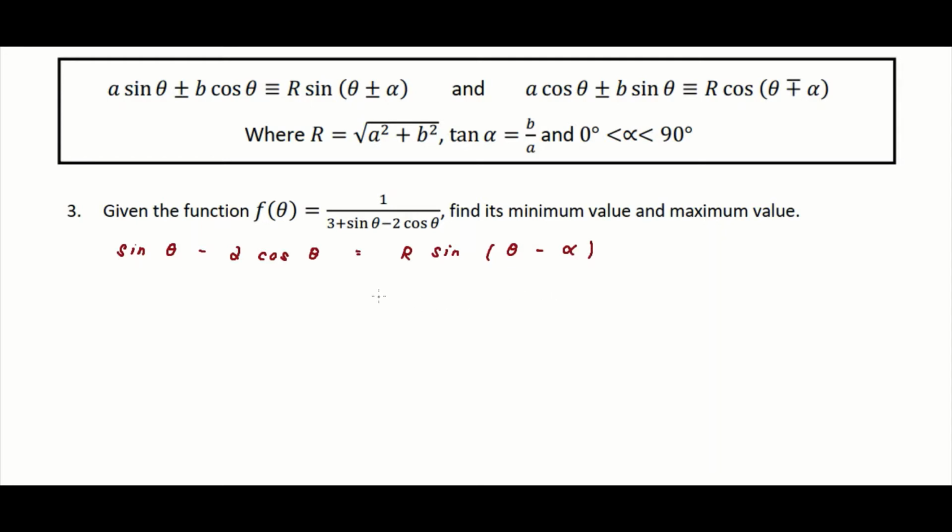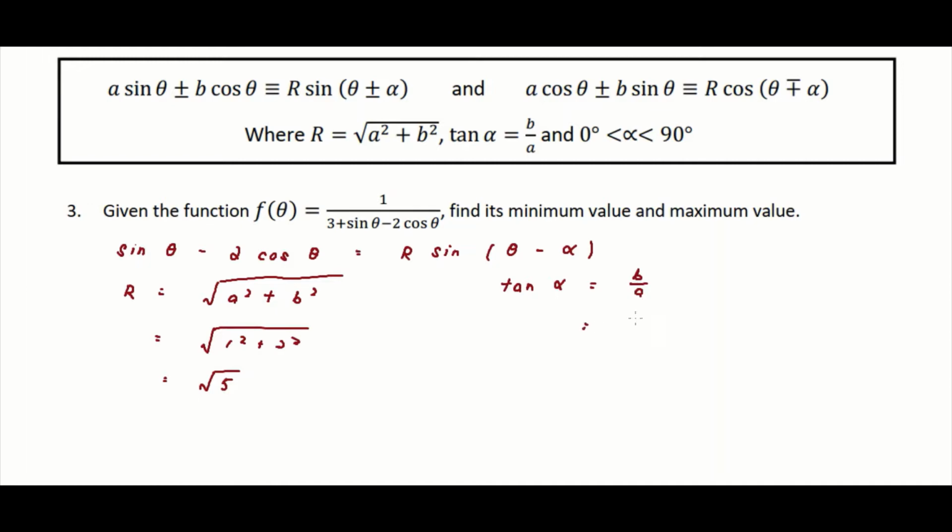So how can we do that? The first thing we can do is just use the formula over here, to make the process shorter. a square plus b square, where a is 1 and b is 2. So you get the same thing, which is square root 5 as well. Then let's solve for alpha. Tangent alpha equals b over a.